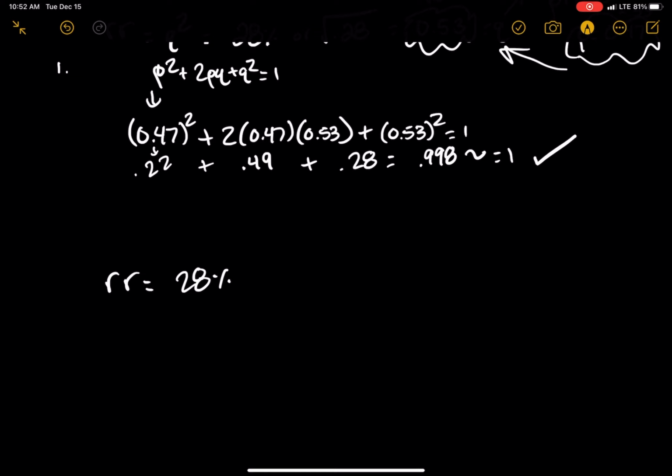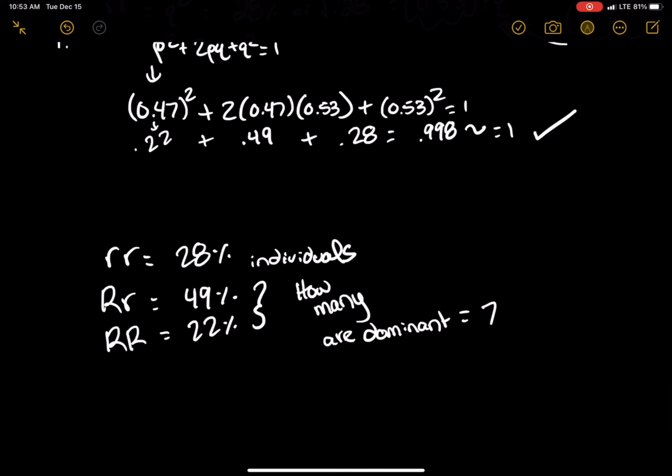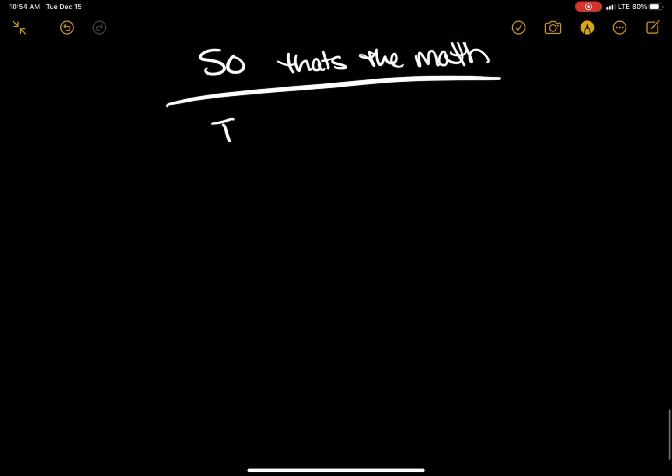Remember, don't overthink this. P squared, 2PQ, Q squared is just another way of writing little r, big R, big R. Convert your ones into percentages. Just divide by 100 if you have trouble with that. So, to answer the question, how many are dominant? 70%. That is the math part.